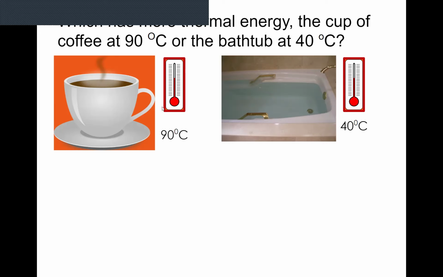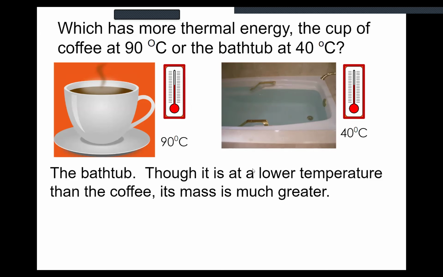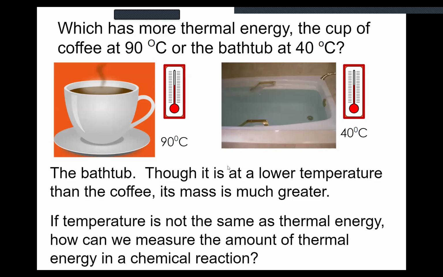Which one has more thermal energy? I'm not talking about temperature here. I'm talking about energy. The bathtub, even though it's at a lower temperature, has a much greater mass. There are many, many gallons of water in a bathtub. There's only a fraction of a gallon in a coffee cup.